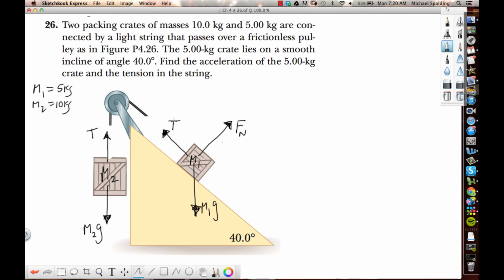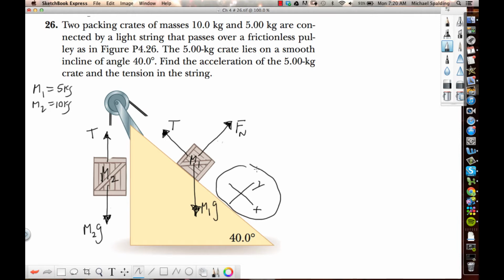Okay, for objects on an incline, what's the thing we do to simplify the problem? You don't have to do it. You could be stubborn and not take my advice. It's solvable if you don't do this, but life will be a lot harder. We tilt the xy axes. We say the incline is the x-axis, and there's the y-axis.